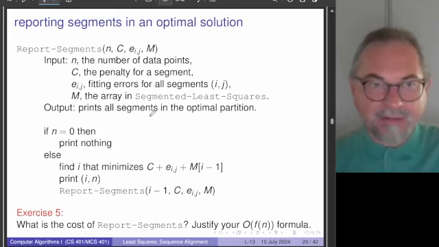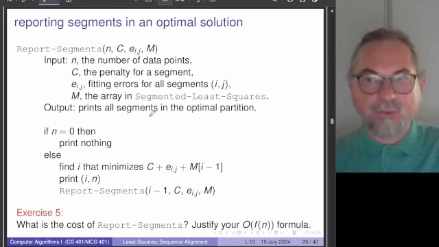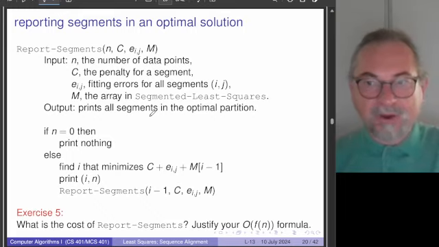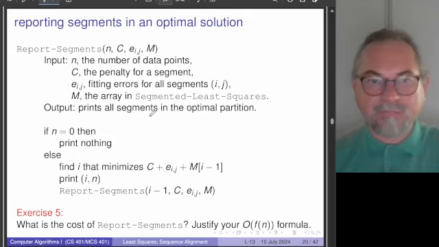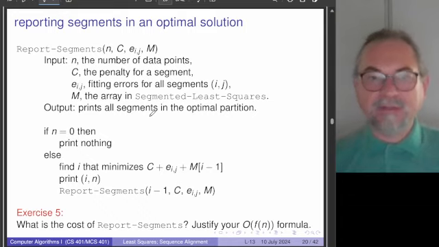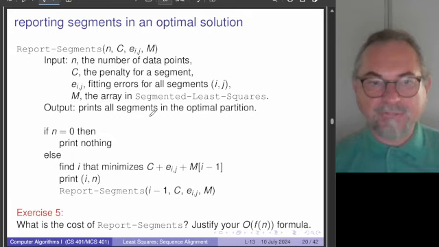If the number of data points governs the recursion, in the base case there's nothing to do. Otherwise, we find the index I of the segment that leads to the end of the point. And that's the index that minimizes the cost, the error, and the optimal value of I minus 1.